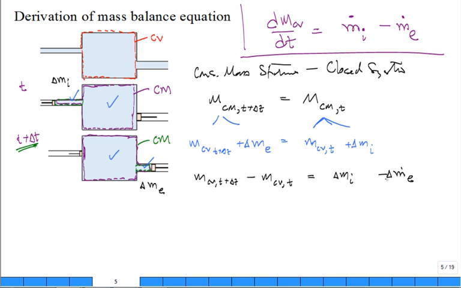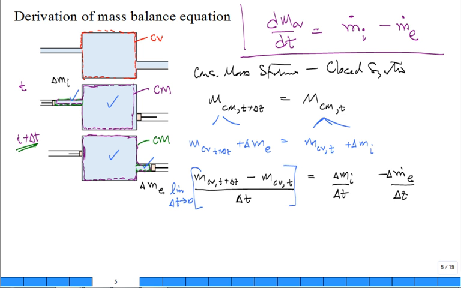Somebody guess what I'm going to do next? Divide the whole equation by the time step, delta t. Take the limit as delta t goes to 0. So I divide by delta t, delta t, delta t. And you take the limit as delta t goes to 0 of this ratio. And what does that give us?